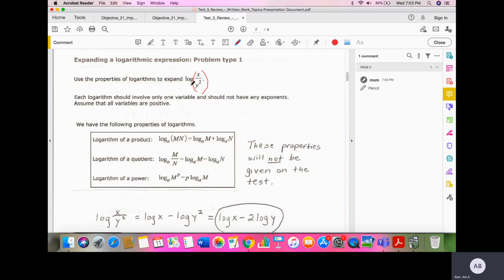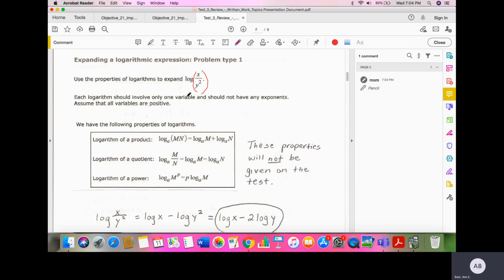So log is not a number, so you can't divide both sides by the log or anything like that. And the base is understood to be 10 in this case because it's log, and when there's no base stated and it's log, it's understood to be base 10. So we can't divide or multiply both sides by base 10. So you really need to keep all 3 parts together.